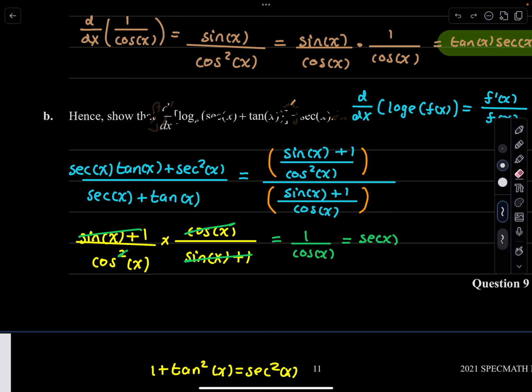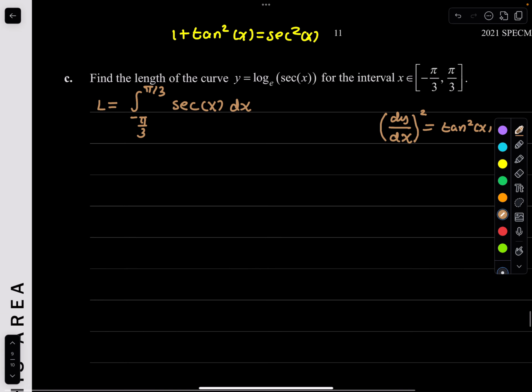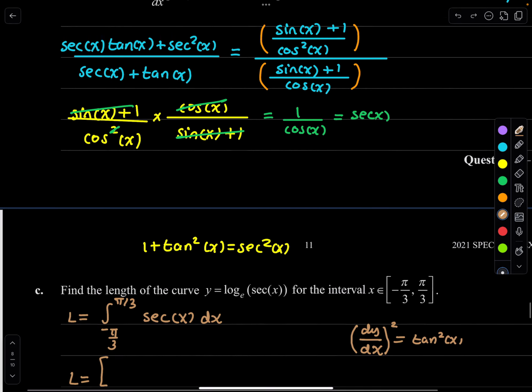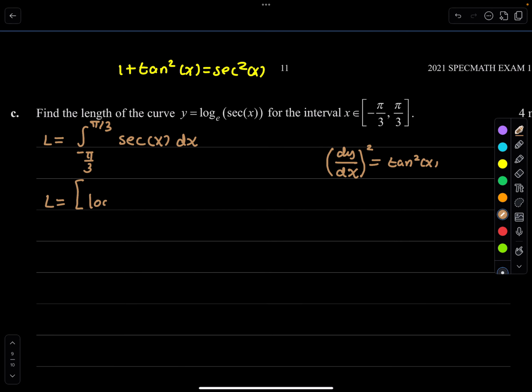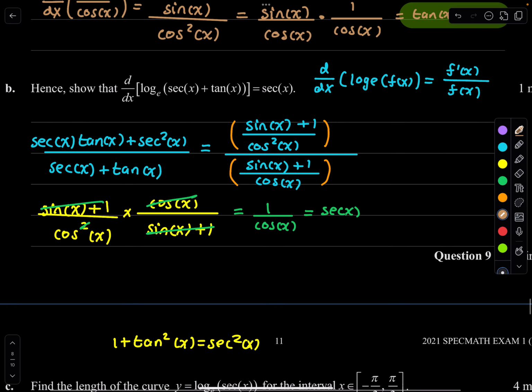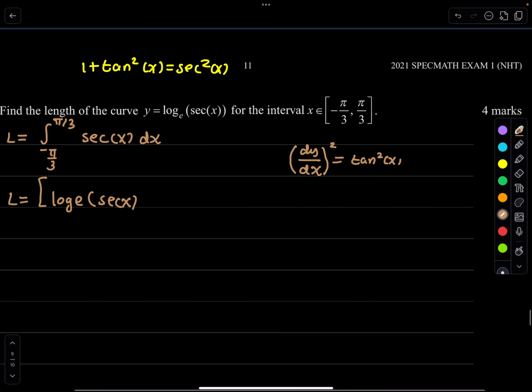So let's write that down. Secant antiderived is going to be log e of secant x plus tan x, from negative pi on 3 to pi on 3.